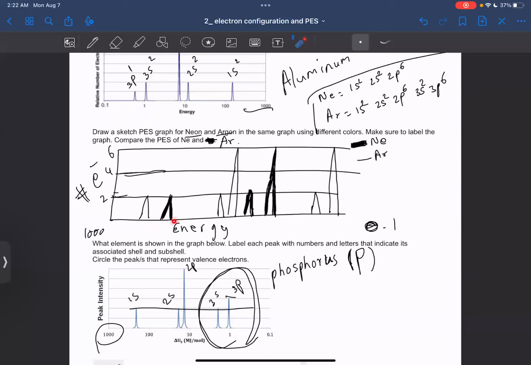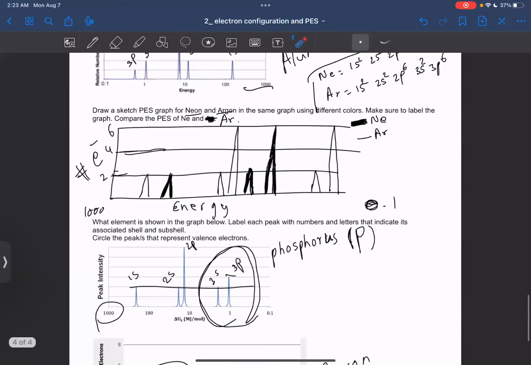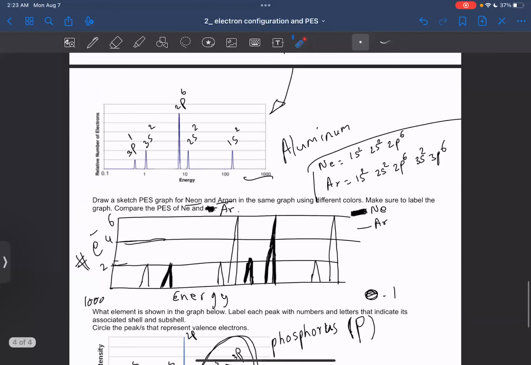Therefore, if they're the same peak, argon's electrons will feel more nuclear attraction, right? Now notice that 3s, 3p of that is less because it's further away than 1s or 2s or 2p. Okay, let's see. I think that's it. And then I'll see you guys in class later.